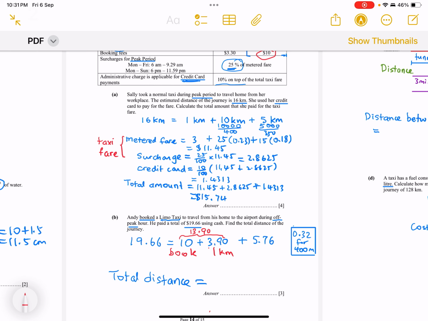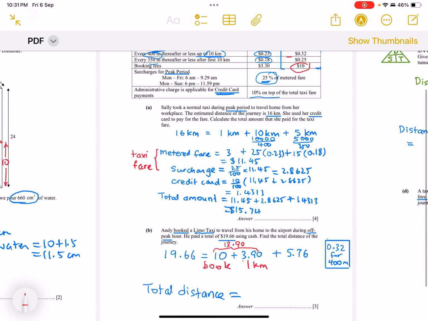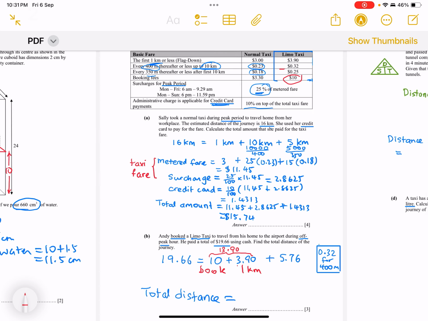and therefore what is balance is 576. Now, this 576, that is the next above the 1 km. So above the 1 km is charged at 32 cents for every 400.